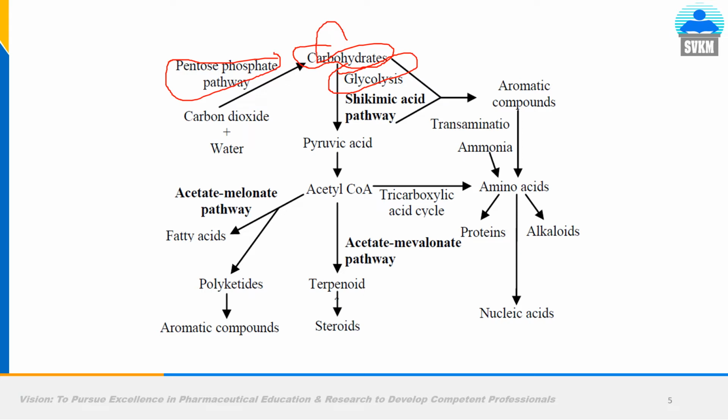Two routes are there for the metabolism of glucose in the plant. One is glycolysis, another one is the pentose phosphate pathway, PPP or HMP shunt pathway. In glycolysis there is formation of phosphoenol pyruvate, and the pentose phosphate pathway will give erythrose 4-phosphate.